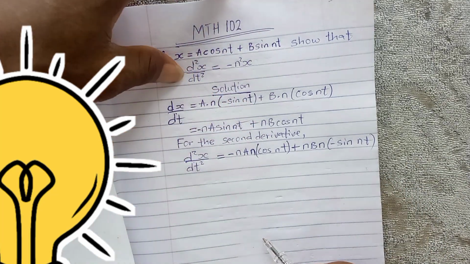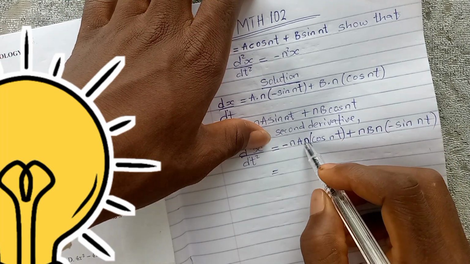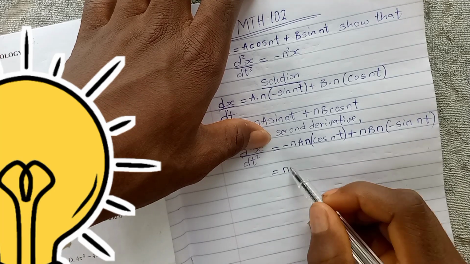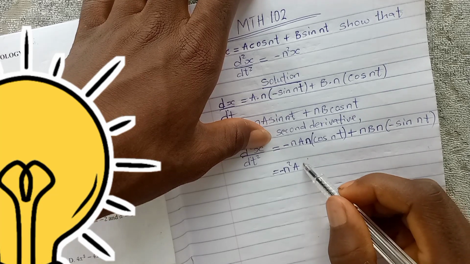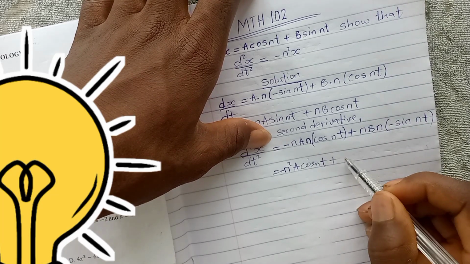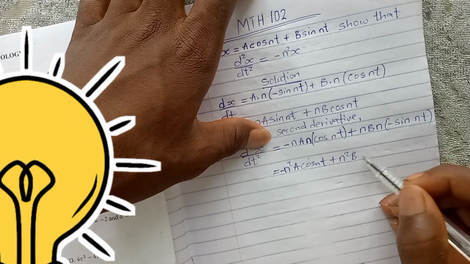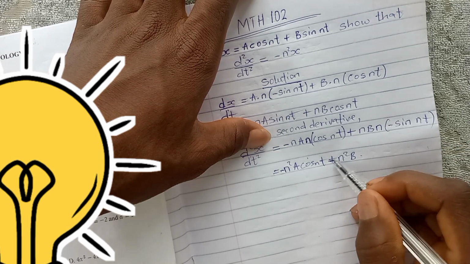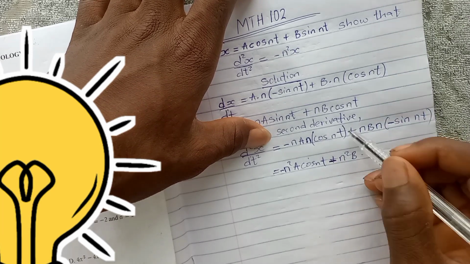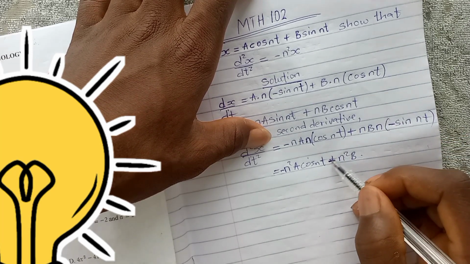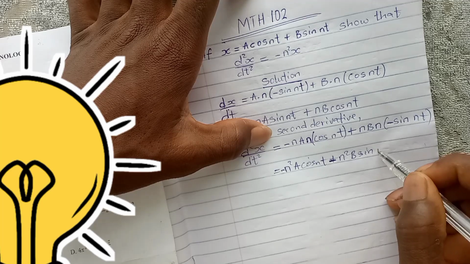To simplify this, this and this are the same terms, so it could be squared. n squared with your negative here, a cos nt, plus n squared b, because of this negative sign, the plus will change to negative, because positive multiplying negative turns negative. Here becomes negative n squared b sine nt.